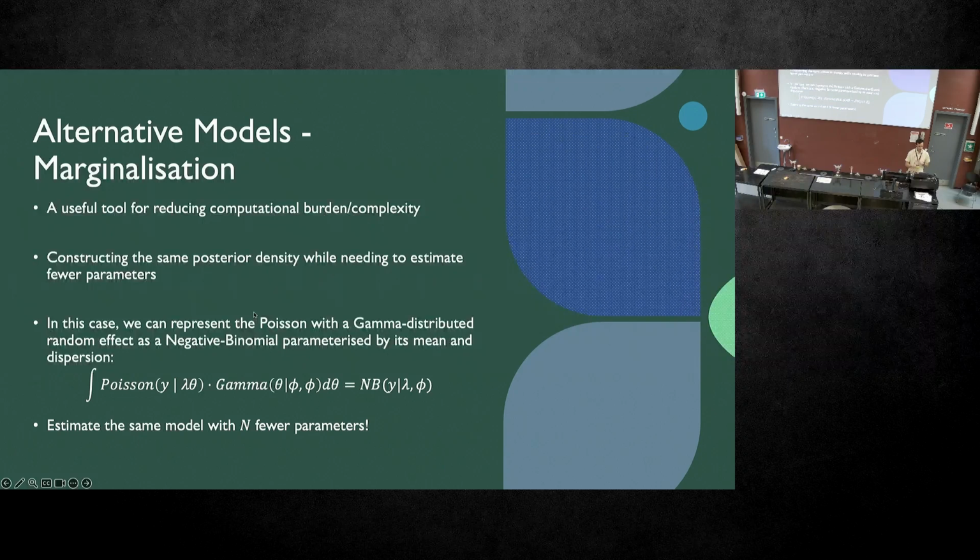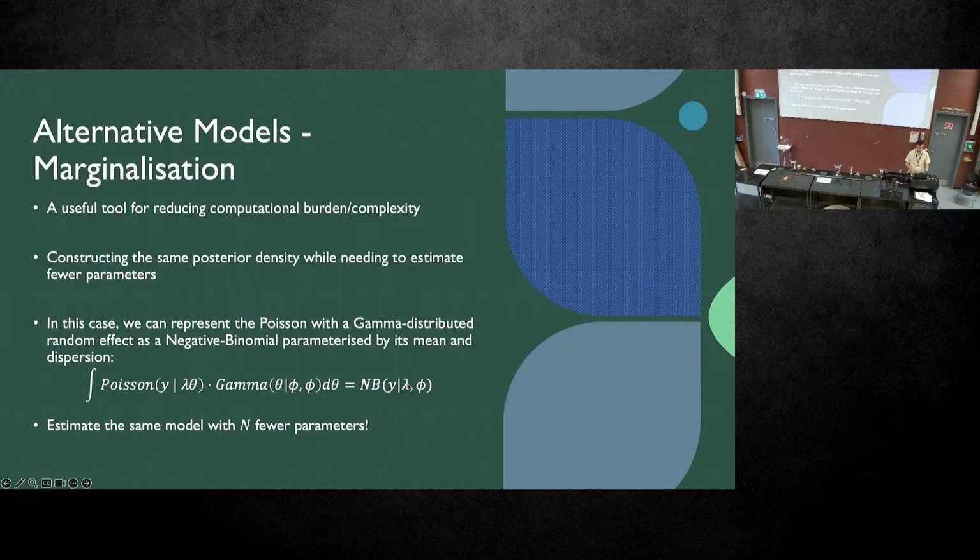Now, what we know is that when we have a Poisson and a gamma distributed effect, the single parameter, if we integrate that effect out, integrate across the full range of values that parameter can take, that's equivalent to a negative binomial parameterized by the mean and dispersion.